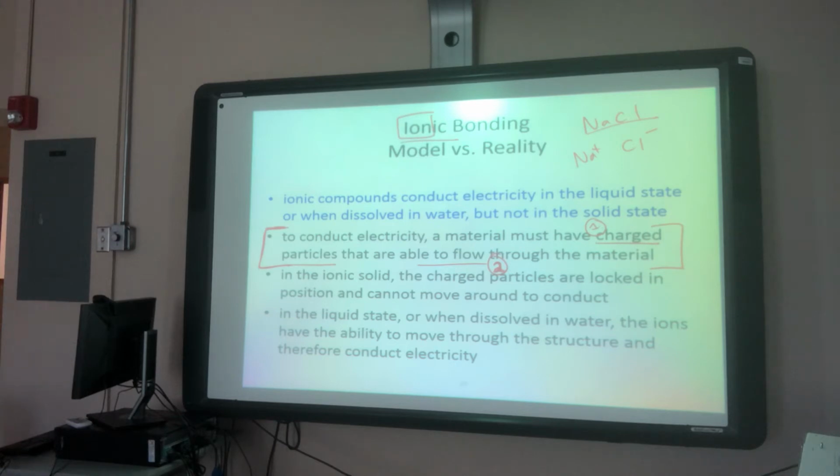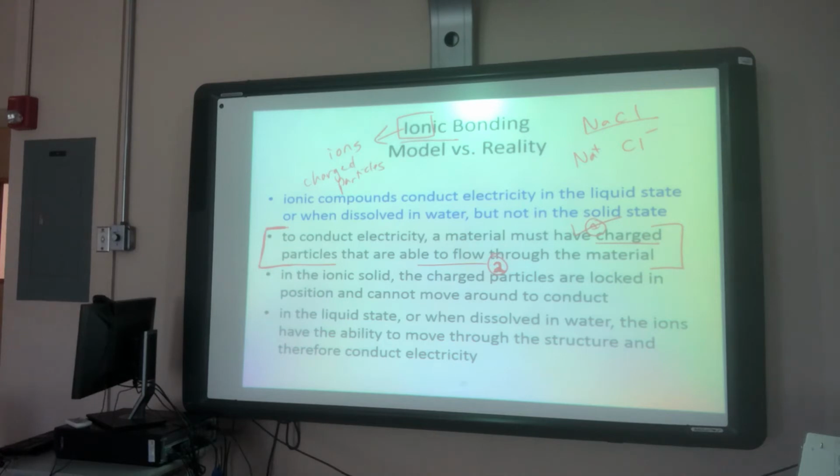So that means that no matter what, if it's an ionic compound, I automatically have charged particles. Ionic means you automatically have ions, which means you have charged particles. So this whole part one, needing charged particles, is a given, because if it's ionic, we have charges.